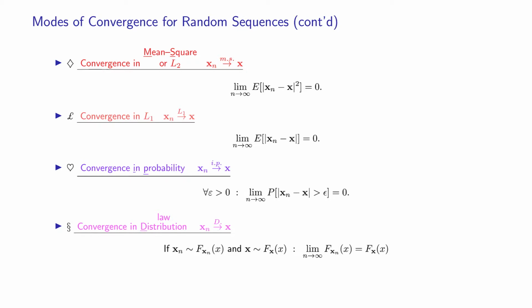We say that a random sequence converges to x in distribution if its distribution converges to the distribution of x.